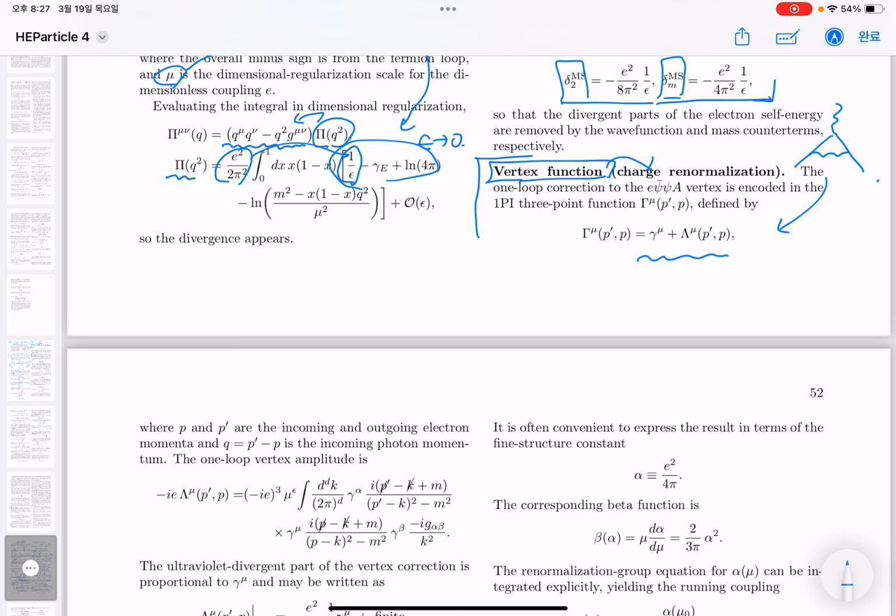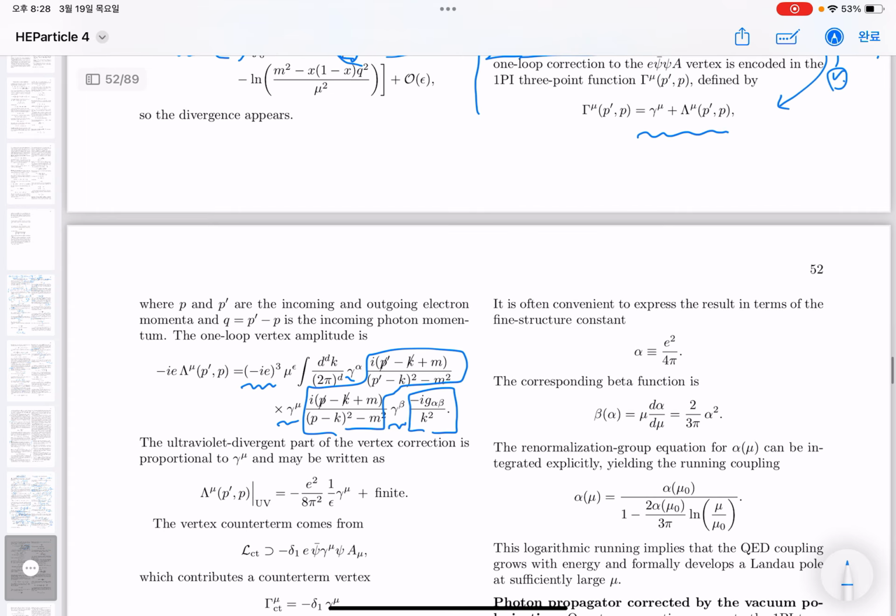In this diagram, there are two fermion propagators and one photon propagator. Here is the photon, and this is the fermion. Similarly, there are vertices with the three-point structure, which gives the electric charge and the gamma matrix. Similarly, we can obtain the divergent part by evaluating this integral.